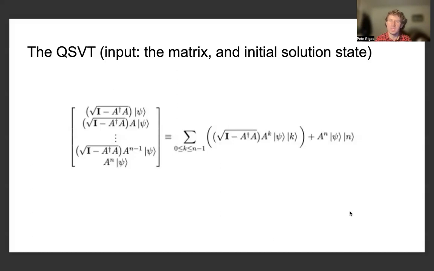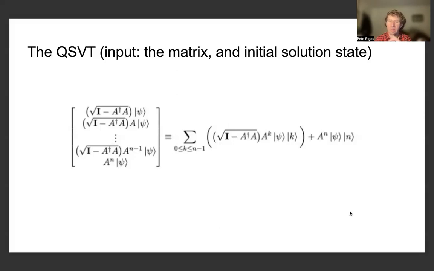So in the summation over k from 0 to n-1, we're taking a summation of the following quantum state, which is equal to the square root of the identity minus A dagger times A raised to the kth power, times the solution state psi, times another quantum state for k, where k is just the index of the summation.